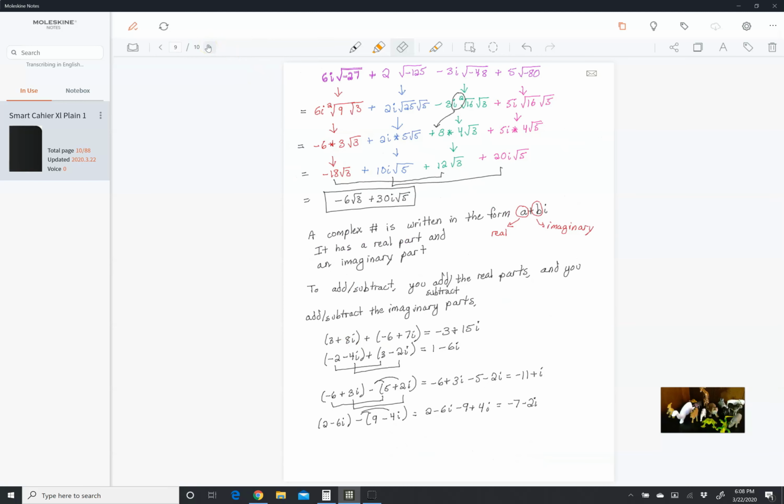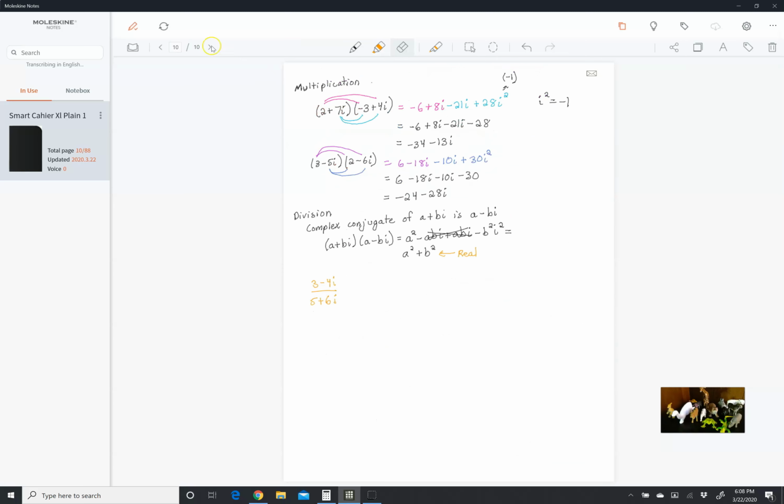We hate division, and we hate it even more if we're dividing by something imaginary. So we can't really do anything about the division, but we can do something about the imaginary part in the denominator. So when we divide, what we want to do is get rid of the imaginary numbers in the denominator. That's our goal.